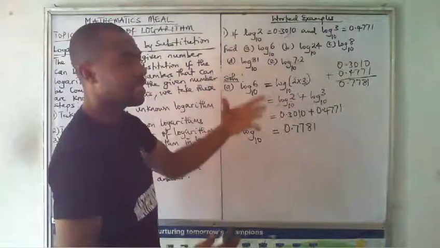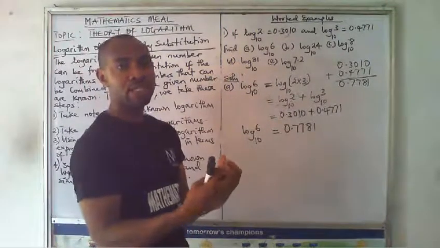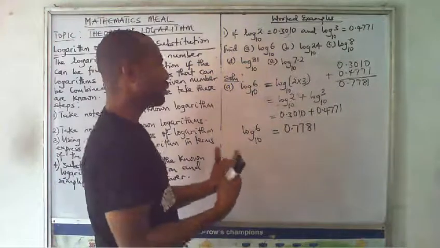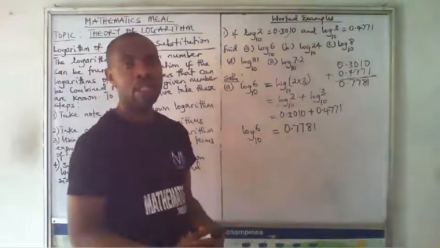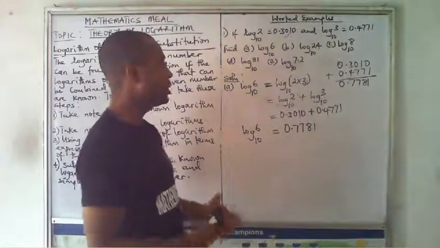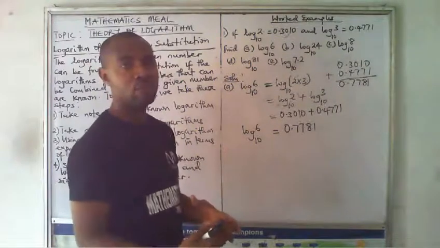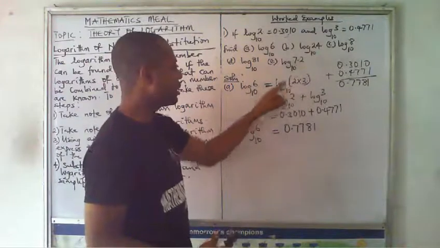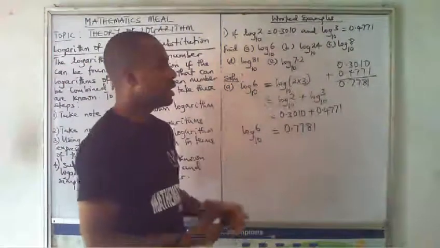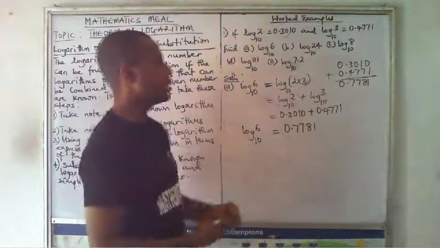There are two operations that we can use to break the number: multiplication and division. Here it is convenient for us to say 2 times 3 to give us 6. That's why we apply multiplication.